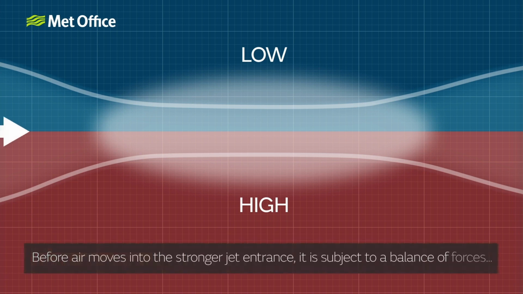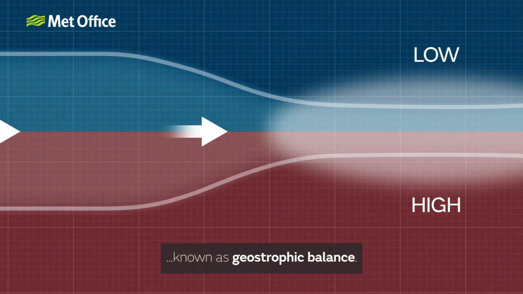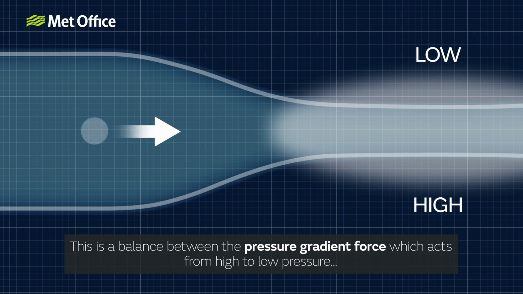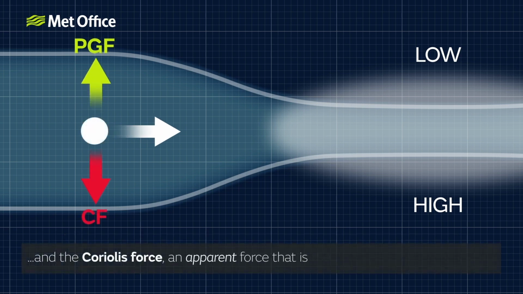Before air moves into the stronger jet entrance, it is subject to a balance of forces, known as geostrophic balance. This is a balance between the pressure gradient force, which acts from high to low pressure, and the Coriolis force, an apparent force that is the result of the Earth's rotation.